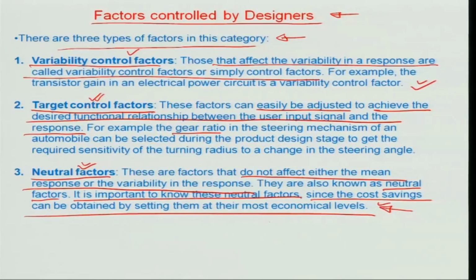The reasons could be related to, for example, over designing of the products unknowingly because of the iterative process through which the design is carried out. If such factors can be isolated and eliminated, it may lead to some kind of cost saving, and can help the product operate at the most economical level. Okay, so those are the neutral factors.